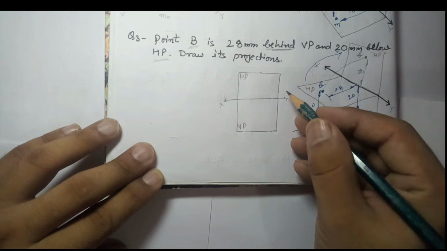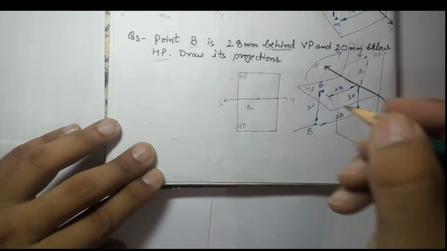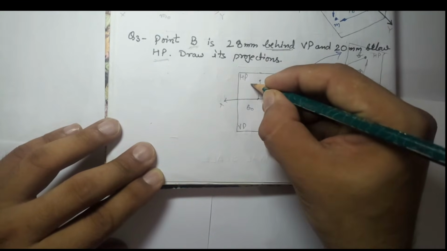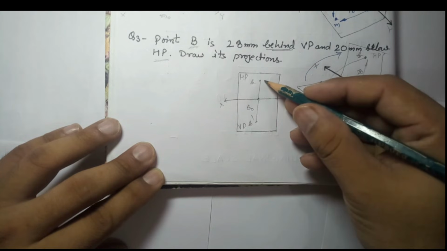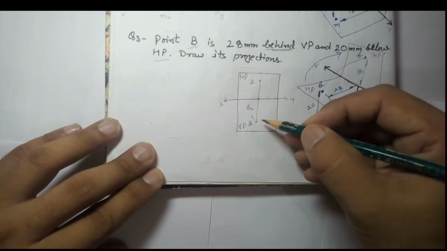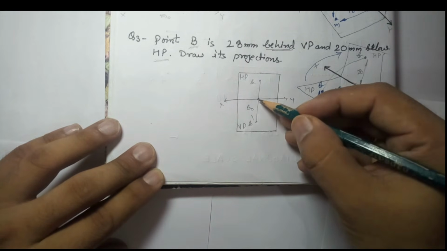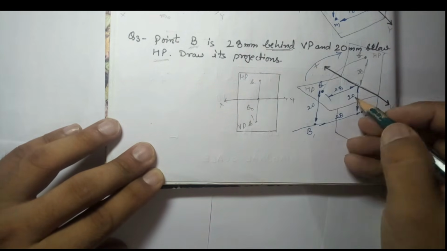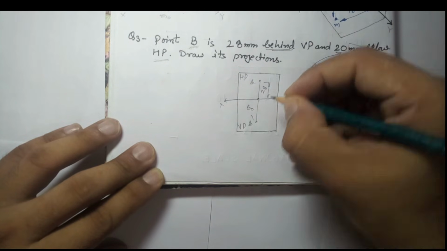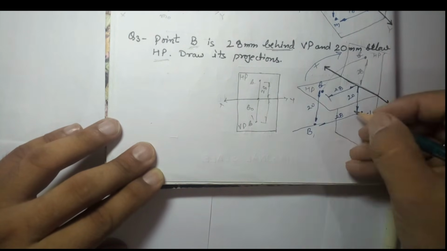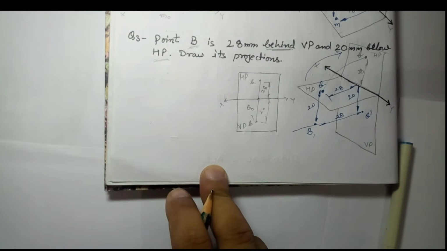Here HP is above XY, VP is below XY. So this is the point B, and this is point B dash. In the first quadrant, front view is above XY on VP, top view is below XY on HP. But in the third quadrant, front view is below XY on VP, top view is above XY on HP. And this distance will be 28, and this distance will be 20. Now we will draw the same diagram on the sheet.